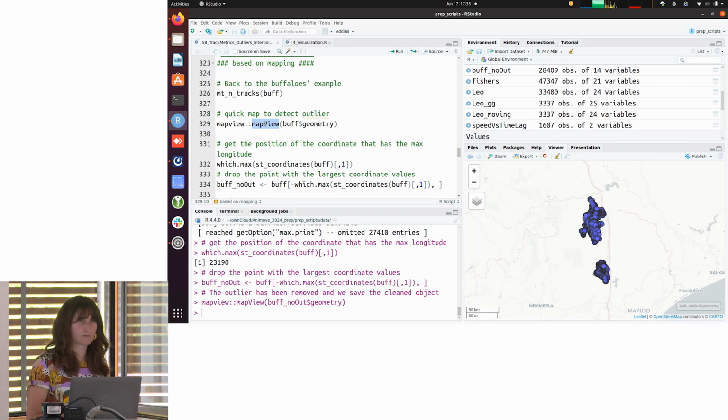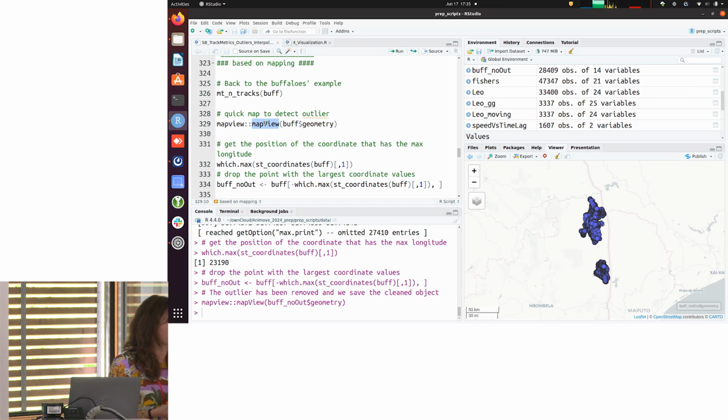But then they would get an error that the object doesn't exist; they wouldn't just get no points showing up. The map view package, do you have it loaded? Yes, you have. It doesn't work?